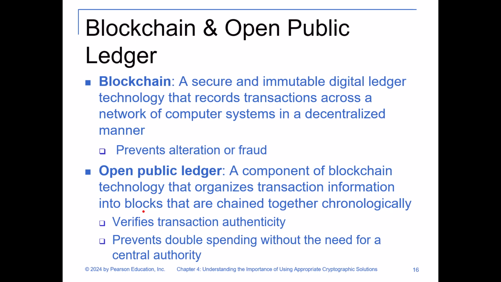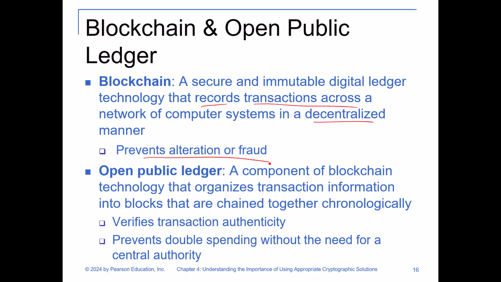Blockchain and open public ledgers. Blockchain is a secure, immutable digital ledger that records transactional data across different systems. It's more decentralized. It does aid in the prevention of alteration and fraud.